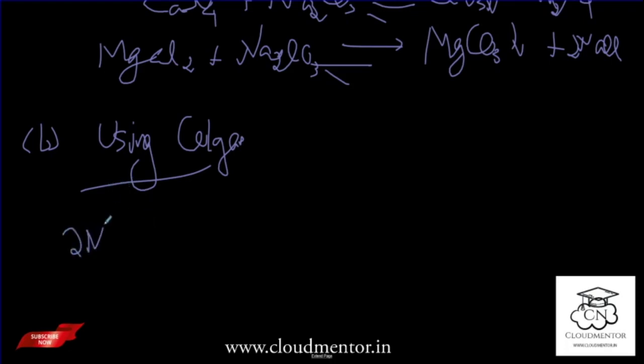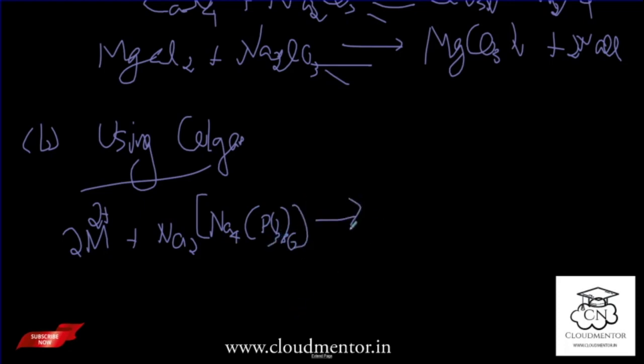Symbolically I can represent here 2M2+, that is from the hard water, plus Na4[(PO3)6], the Calgon, gives Na2M2[(PO3)6] plus 4Na+.